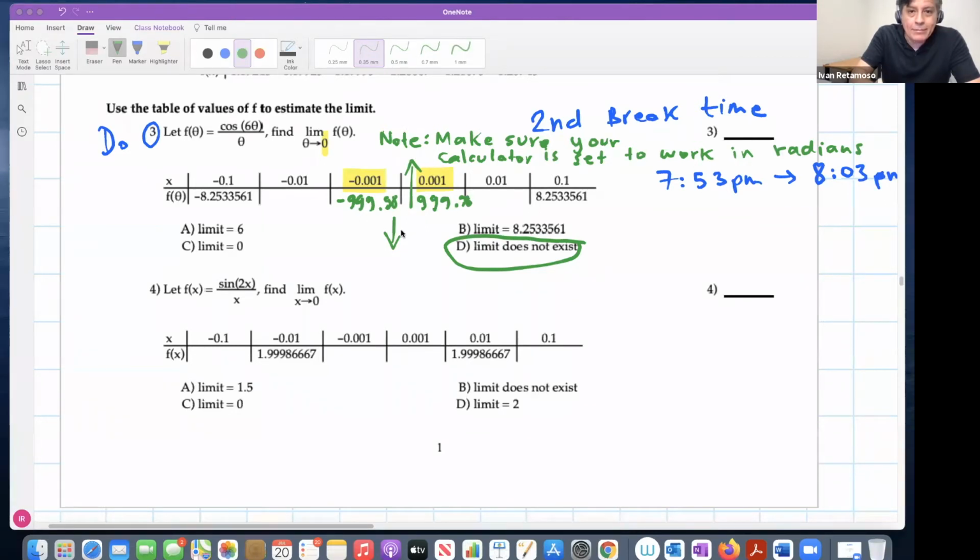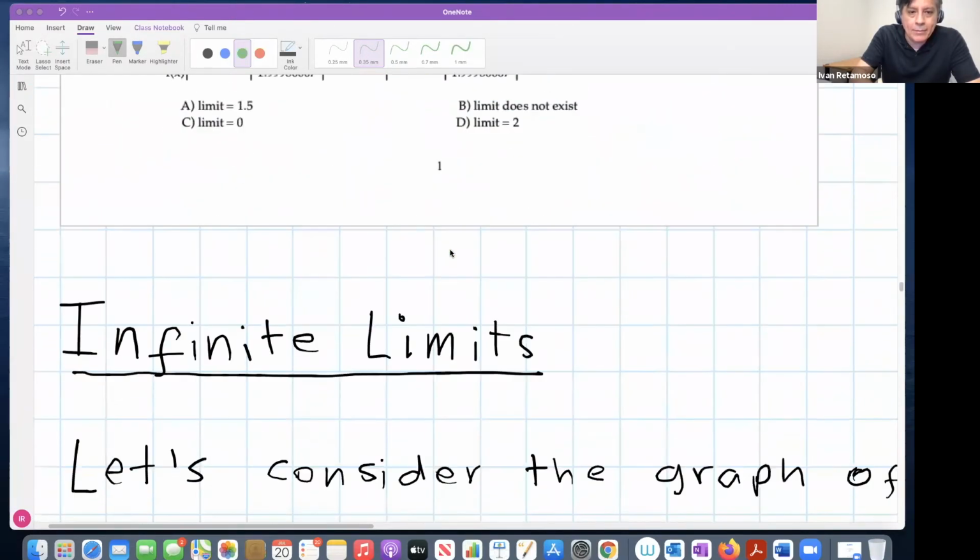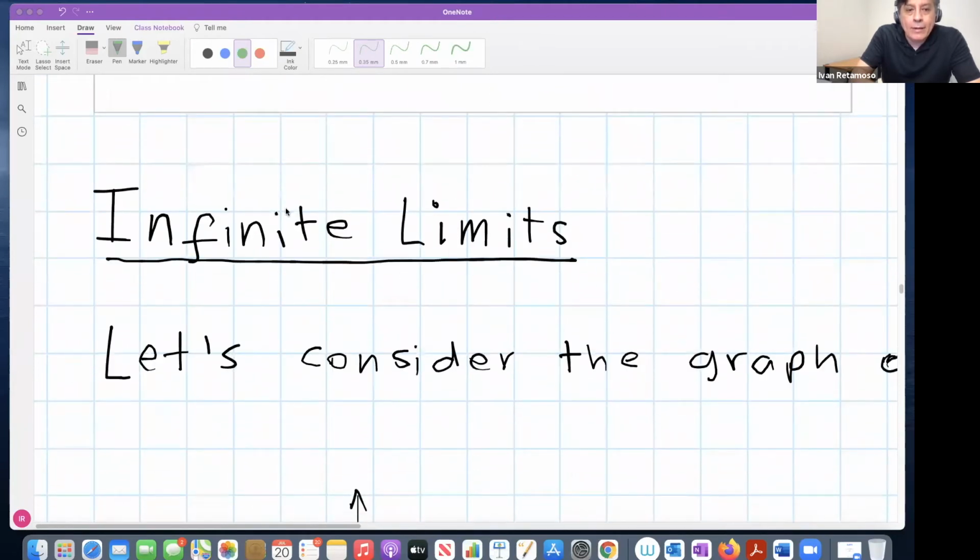This is why mathematicians define what they call infinite limits. Sometimes the limits might not be real numbers, but instead symbols like plus infinity or minus infinity. So let's talk about that.